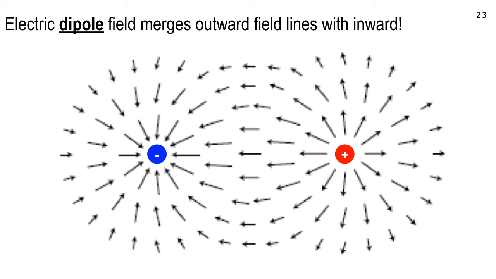Now this arrow over here to the upper left of the electron is a certain size, and it's aimed downward and in. The corresponding arrow over here to the upper right of the proton is aimed up and to the right, but it's the same size, because the electric charges are the same size. So that's called the dipole field.